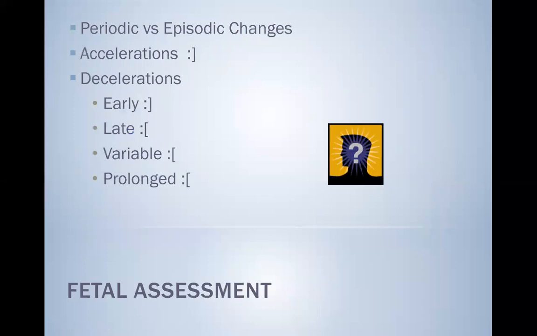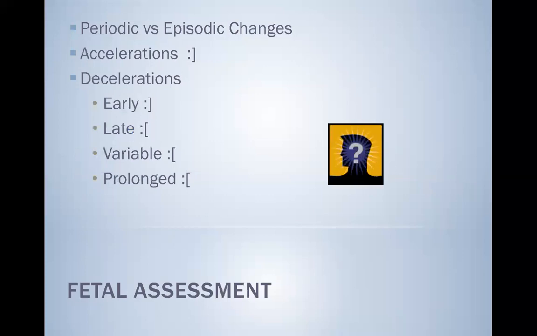So moving on to our periodic versus our episodic changes. I don't know about you, but I cannot remember what periodic versus episodic means. But the way I remember it, which might be useful to you, is that I know that the symbol, the P with a line on top of it, means with, and periodic means with.